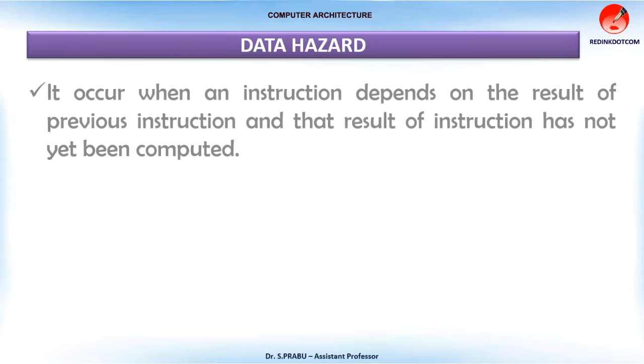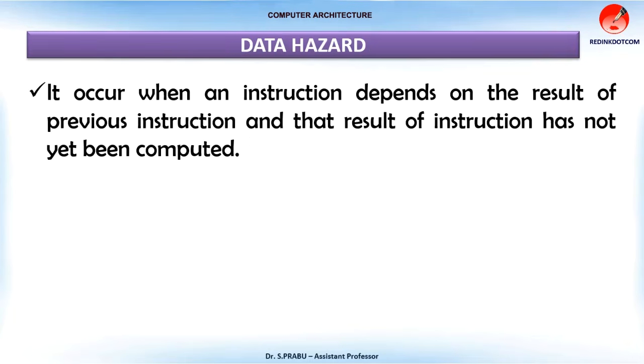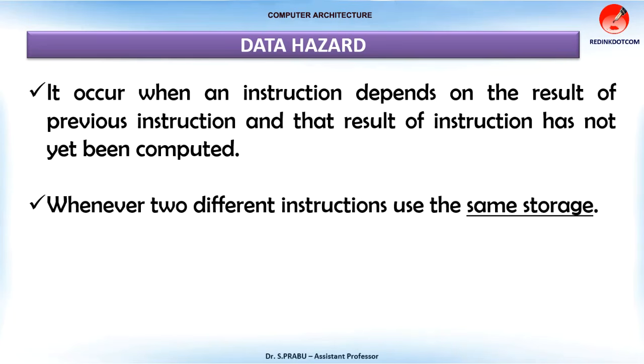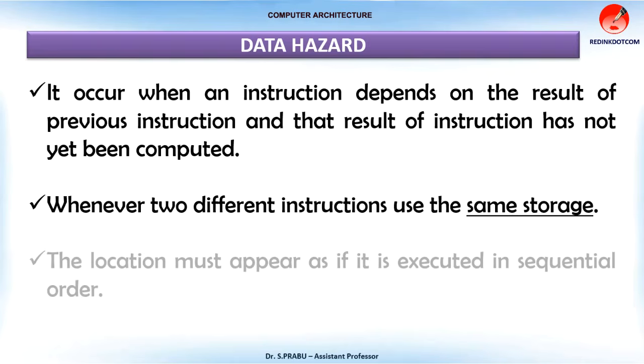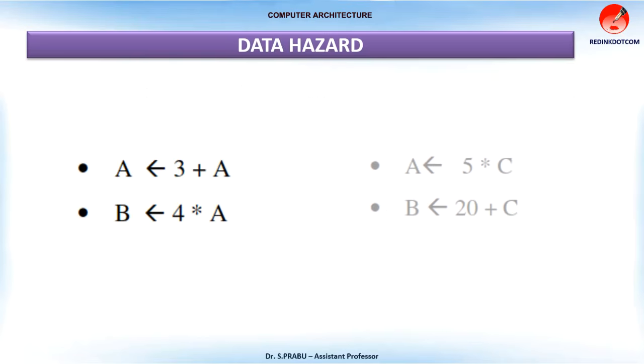When the hazard happens due to the data, it is called a data hazard. When 2 consecutive instructions access the same location, parallel processing gives a wrong result. Then we should follow serial processing. Let's see these 2 examples. In the first one, if the value a equals 7, then 7 plus 3 is 10, and 10 into 4 is 40, so the b value becomes 40.